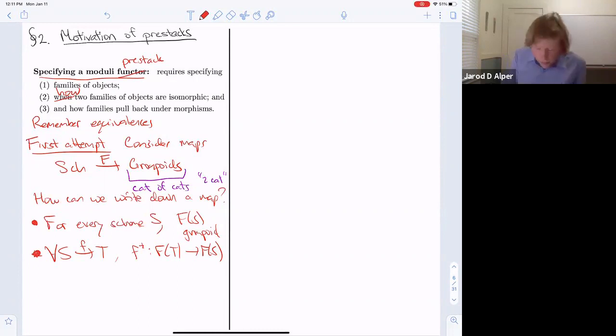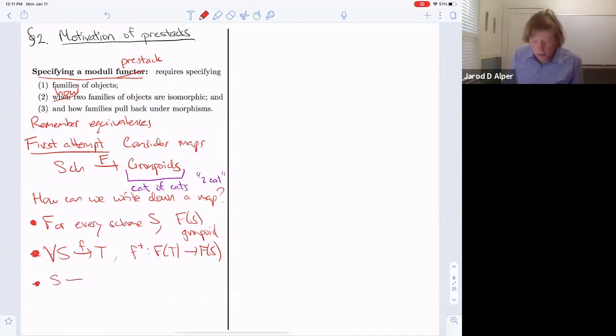And then usually with functors, you require a condition on a composition of morphisms. So if we have S to T to U, with maps f and g, you can consider what happens if you pull back first along g and then compose with the pullback of f.